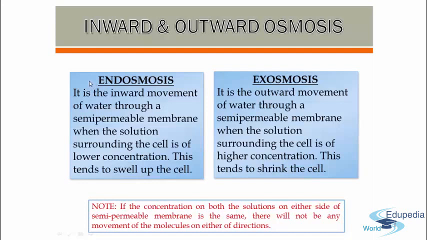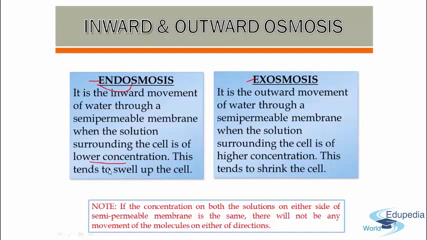One is endosmosis and the other term is exosmosis. In case of endosmosis, the movement is inward. Endo itself means inward, and the movement of water in case of endosmosis is inward through a semi-permeable membrane when the solution surrounding the cell is of lower concentration.